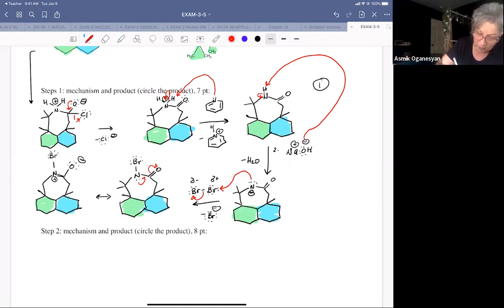The bond from your lone pair of electrons from oxygen is going to move down. And instead of electrons resonating back onto the nitrogen, the carbon to nitrogen bond is going to break, will attach to nitrogen, and bromine will be kicked out.